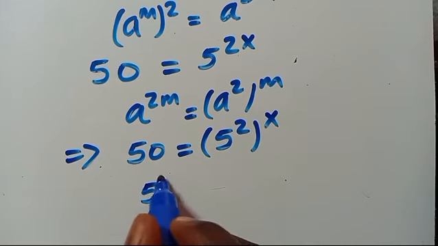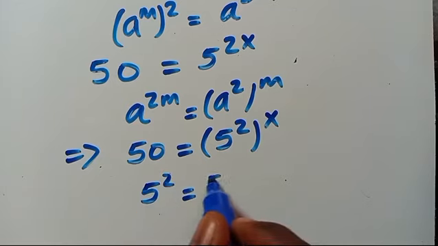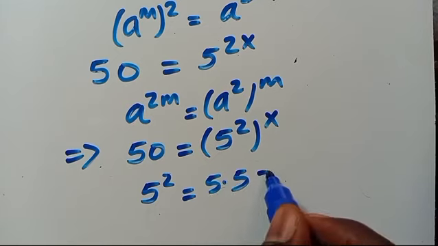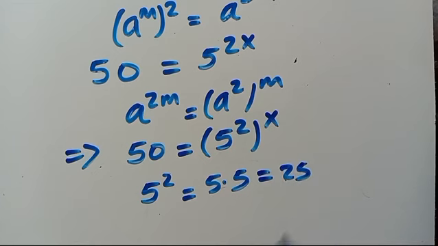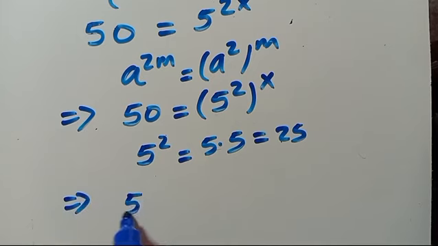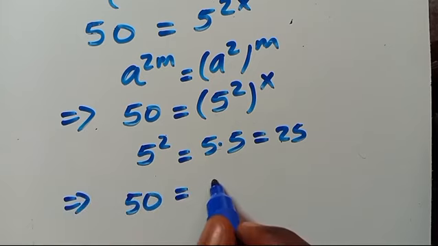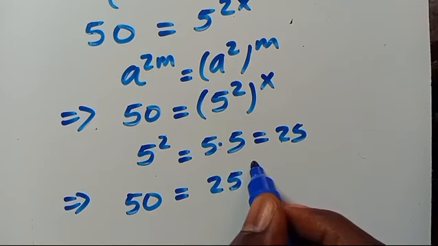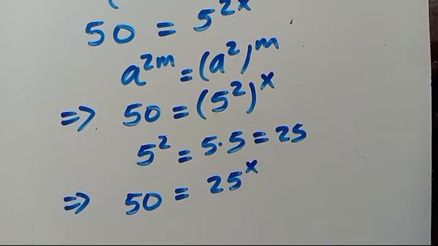Then 5 to the power of 2 simply means 5 times 5, which equals 25. So from here we have 50 equals 25 to the power of x.